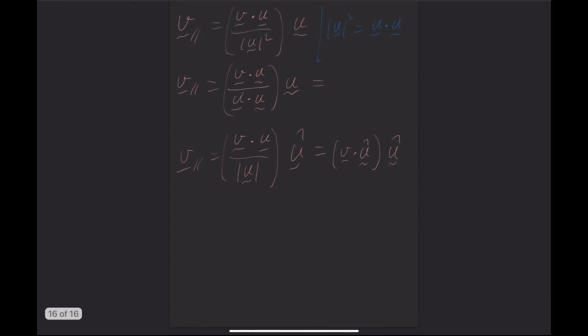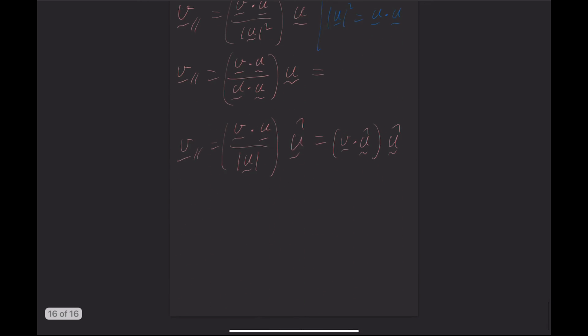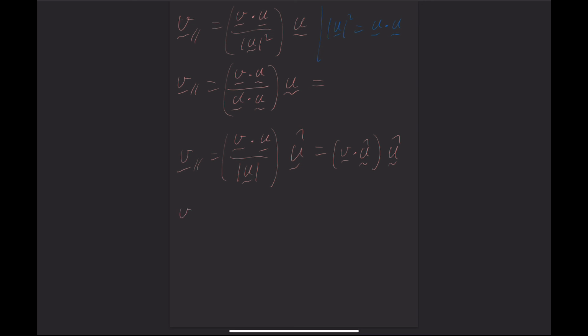So then I can define v perpendicular. So that's this guy here. And notice v perpendicular will be v minus v parallel, which I can do algebraically. So I can say v perpendicular is v vector minus v parallel. So for calculation, I can write that as v minus v dot u hat times u hat.